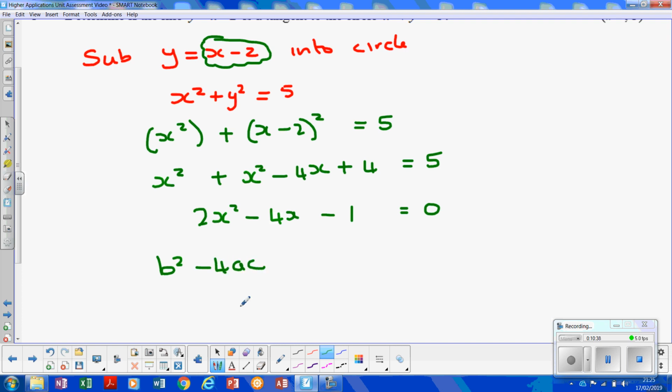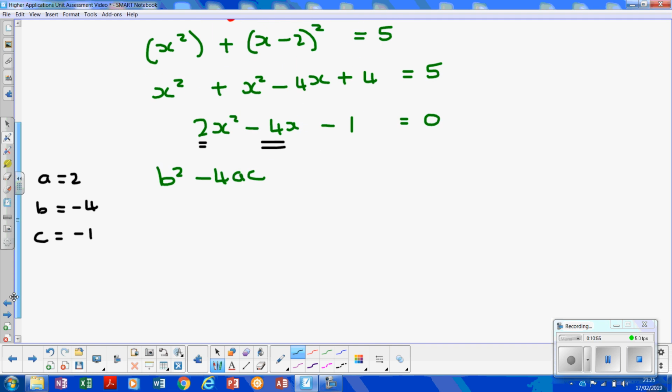Before I do that, I'm going to list the values. a is equal to 2, b is the number of x's, so it's minus 4, and c is the number at the end without any x squared and without x, so c is equal to minus 1. Now if we substitute that in, b squared becomes (minus 4) all squared, and then we've got minus 4 times a, which is 2, times c, which is minus 1.